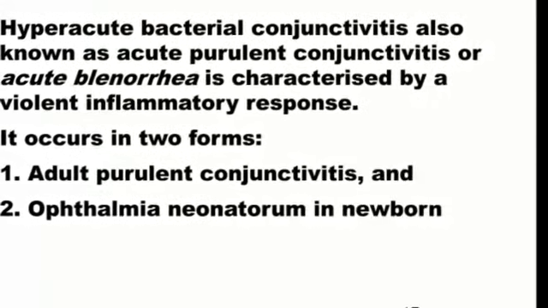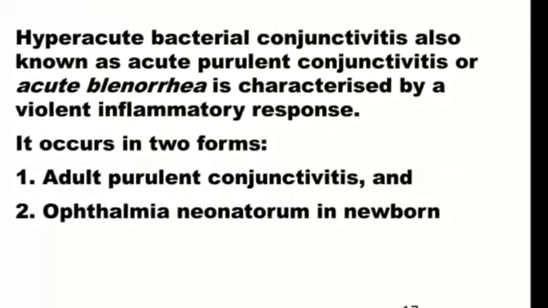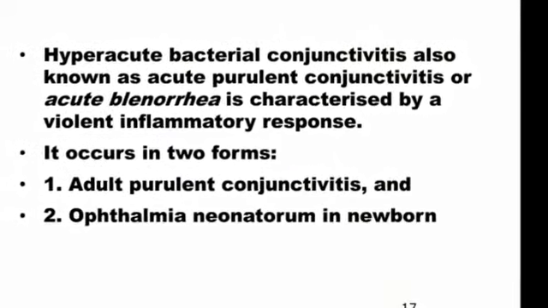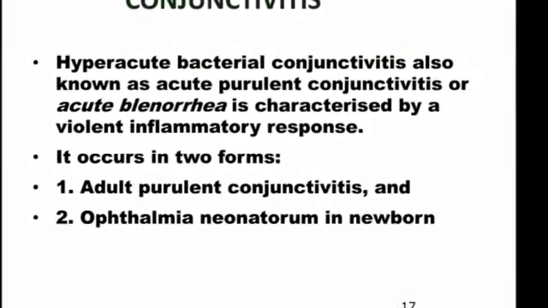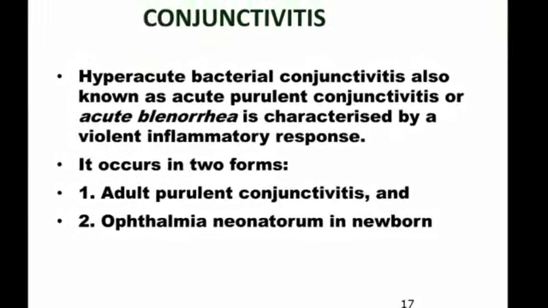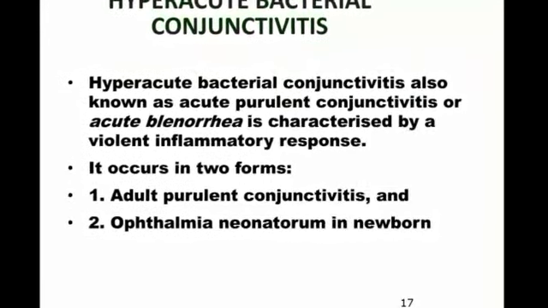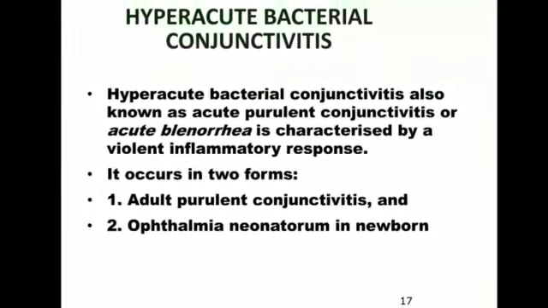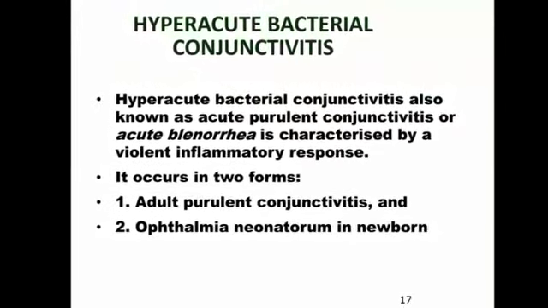Second type of bacterial conjunctivitis is hyperacute bacterial conjunctivitis. The hyperacute bacterial conjunctivitis, also known as acute purulent conjunctivitis or acute blennorrhea, is characterized by violent inflammatory response. It occurs in two forms. They are adult purulent conjunctivitis and ophthalmia neonatorum in newborn.